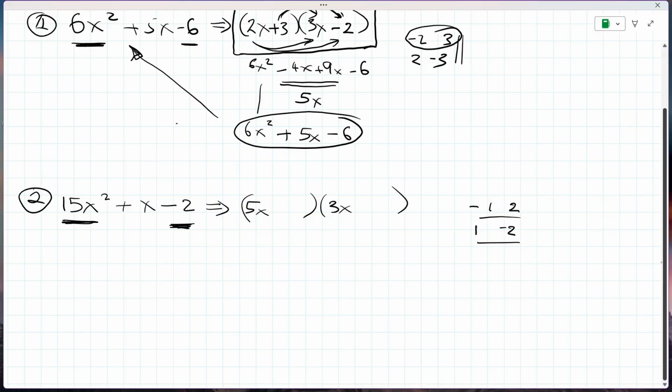So you have these two terms, which when multiplied together will give us minus 2. So again, you have to pick and choose what you think will work. Try out this one. If it doesn't work out, then you try out the other one. And if nothing works out, then you have to switch signs. And then we see what happens.